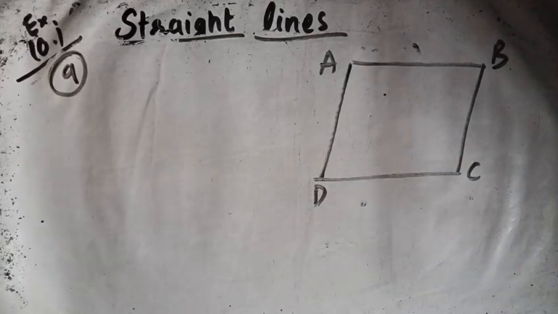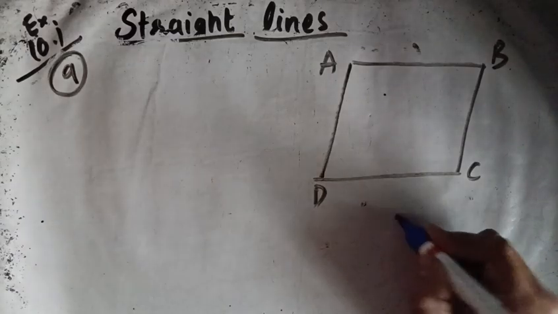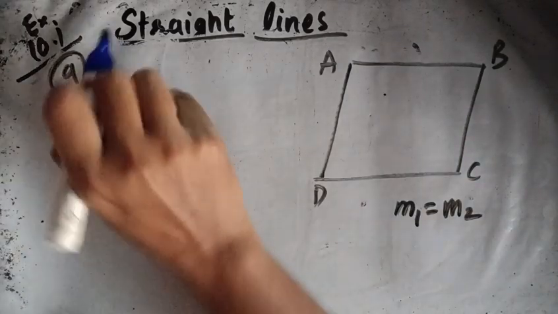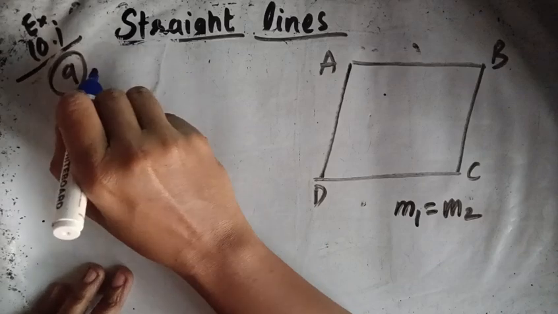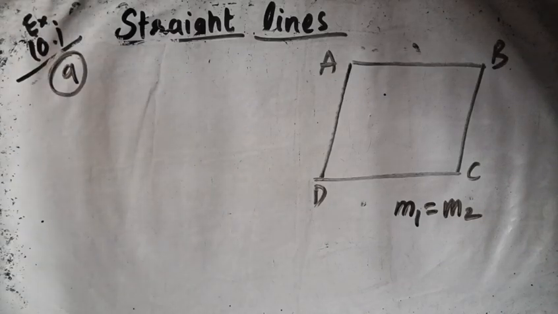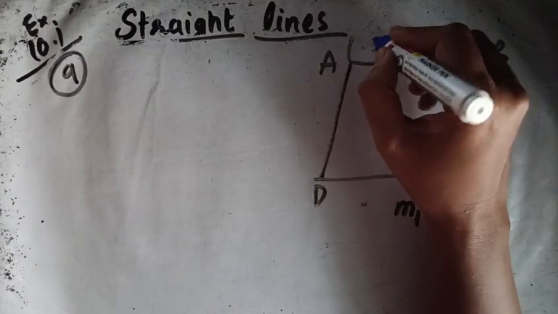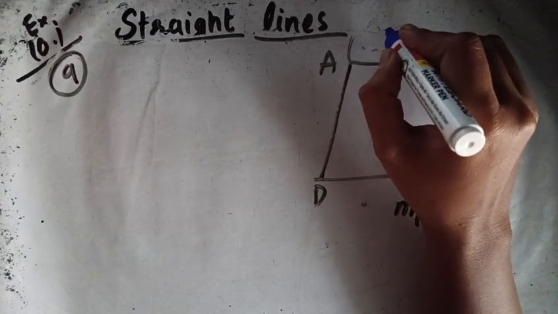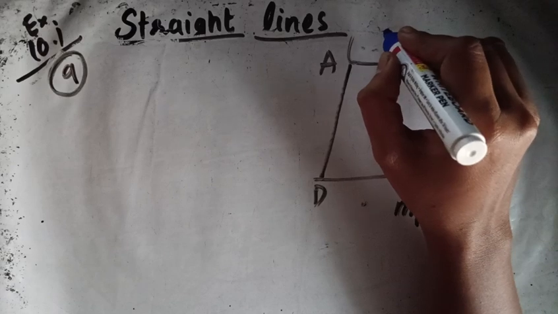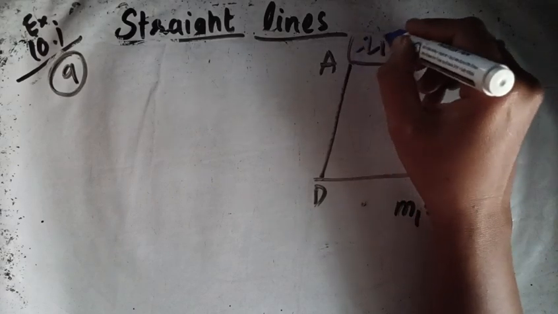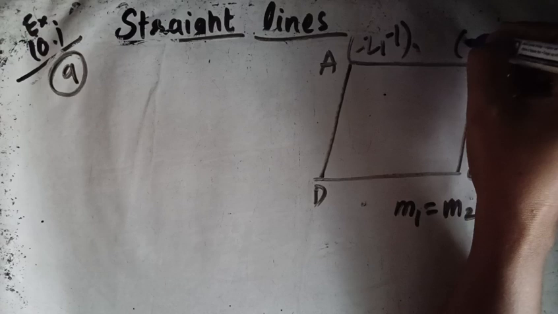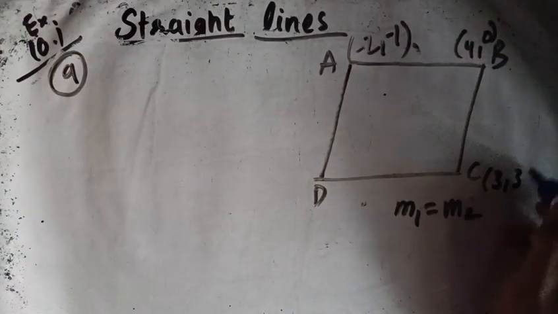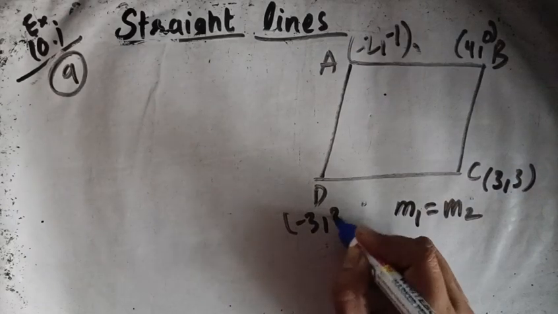For that we have to use the condition, it is m1 equal to m2. Slopes should be equal. Okay. So let's find out slope of each line. So the points are minus 2 comma minus 1, 4 comma 0, 3 comma 3, and minus 3 comma 2.